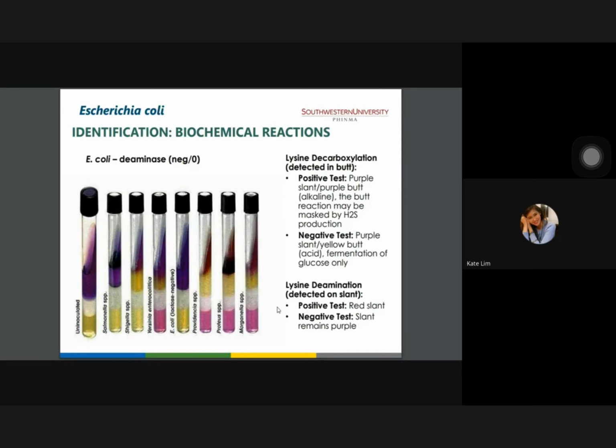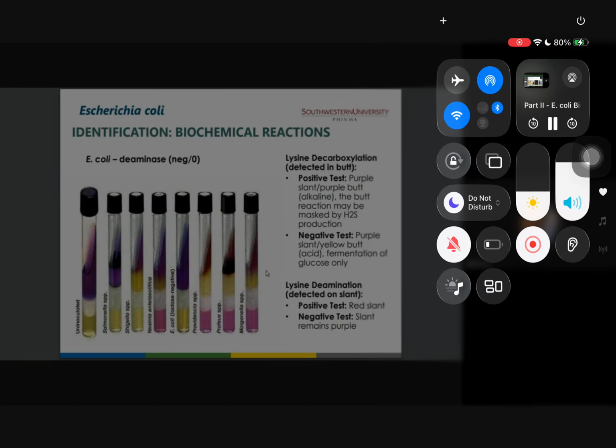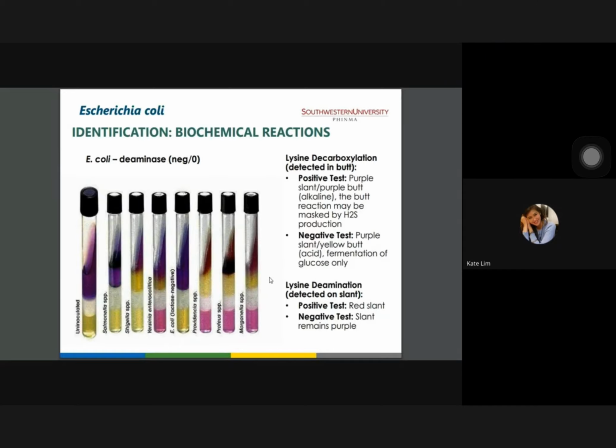How about for lysine deamination? You need to check the deamination slant. So here, these are the slant. So if it's lysine deamination positive or deaminase positive, you need to check for a red color. So the lysine deaminase positive is Providencia, Proteus, and Morganella, your PPM.